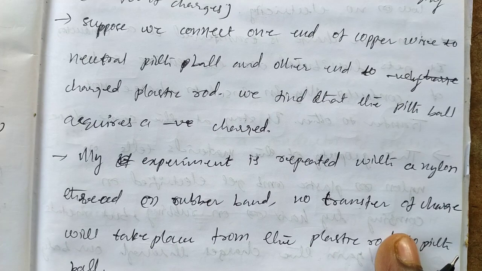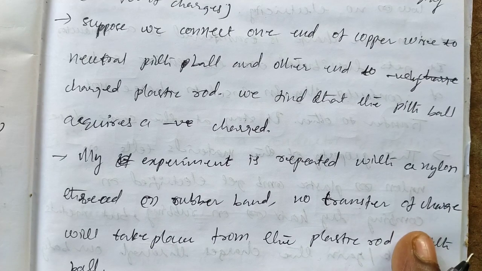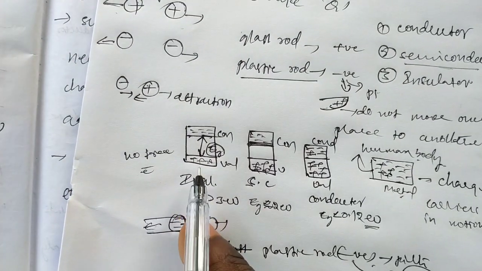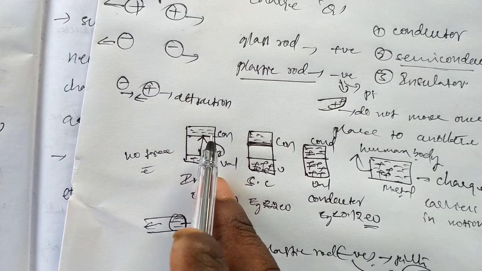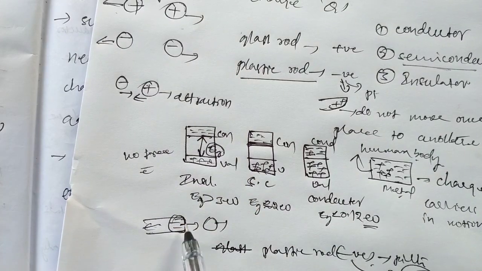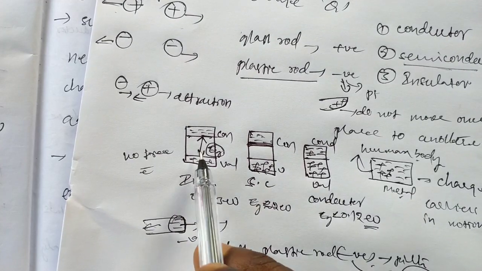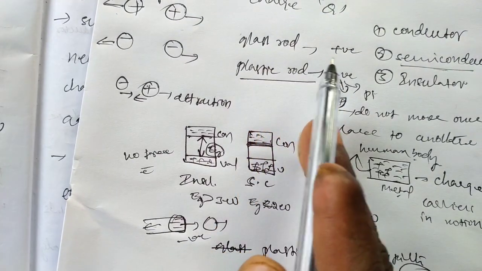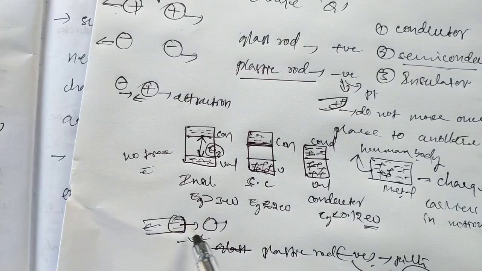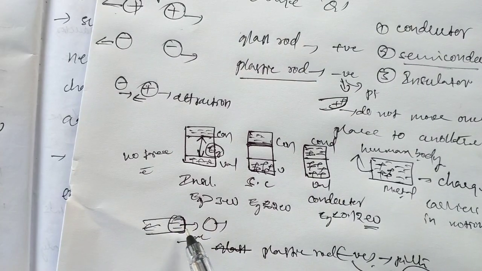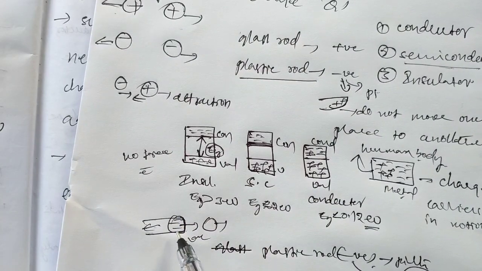We can form charge carriers, but this charge cannot move from one place to another. Suppose you rub a plastic rod with glass; it gets negatively charged. Using a glass rod, we get a positive charge on its surface, but these charge carriers are not transferred to another place.